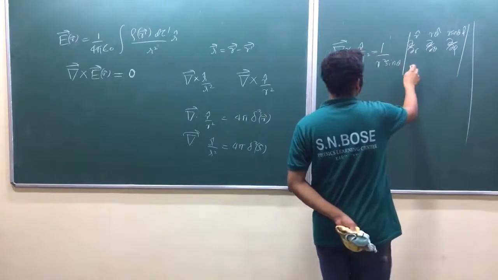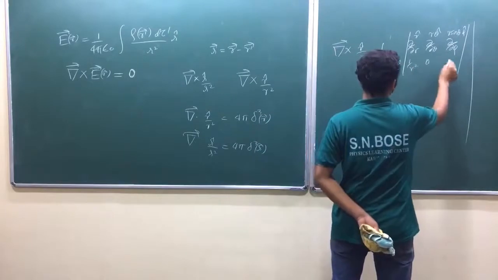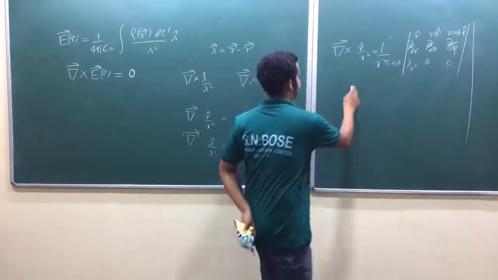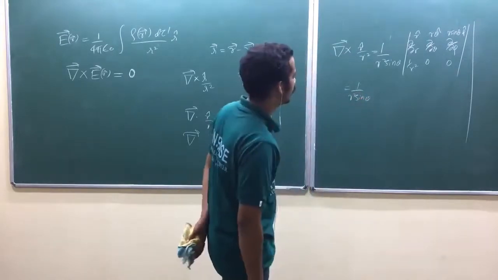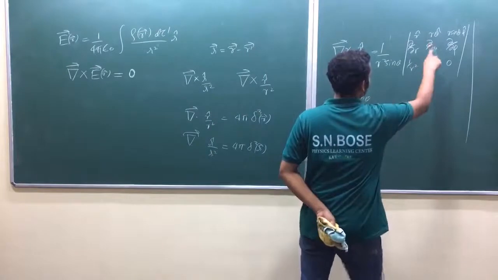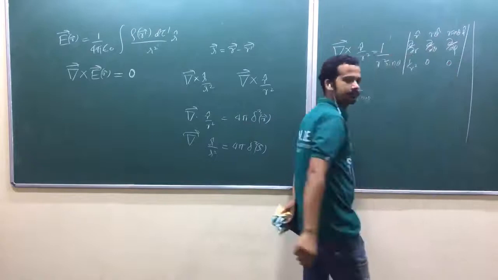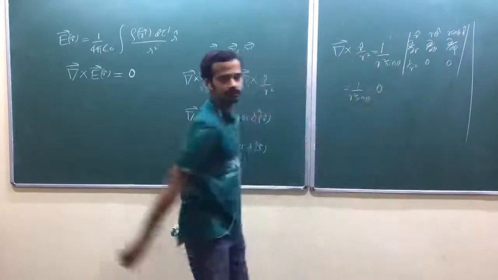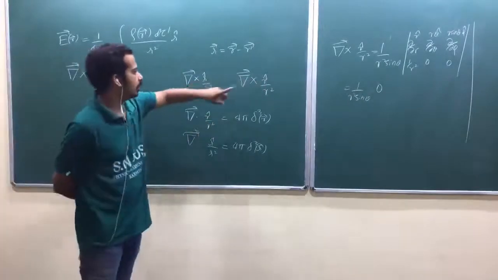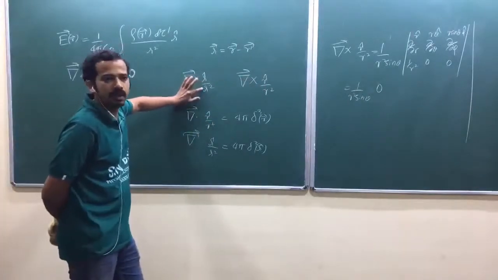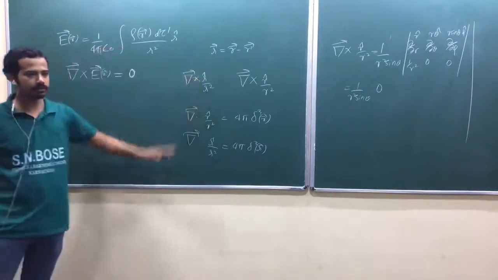Only the r cap component is there, which is 1 by r square, then 0, 0. All derivatives are 0. Check it out. You can do the same thing for the script r version, but you can't do that in spherical polar coordinates, so you better go for Cartesian coordinates and you can show that.